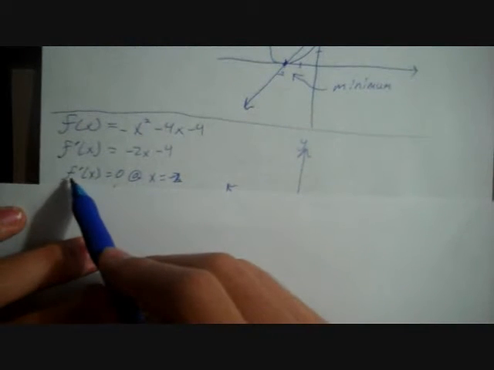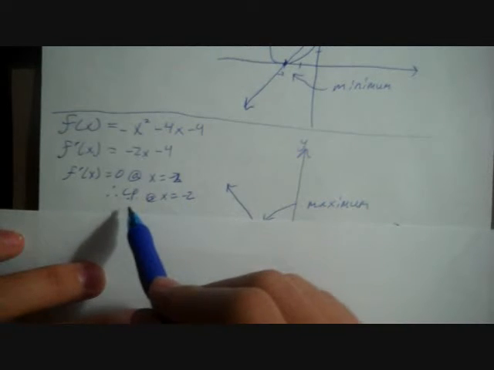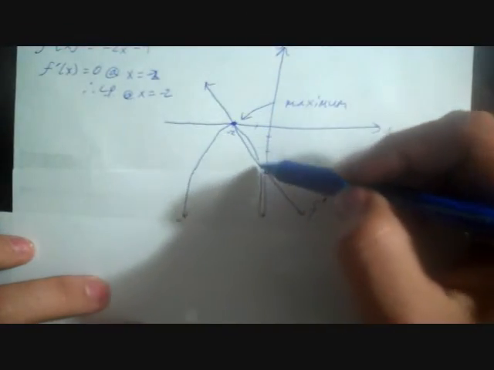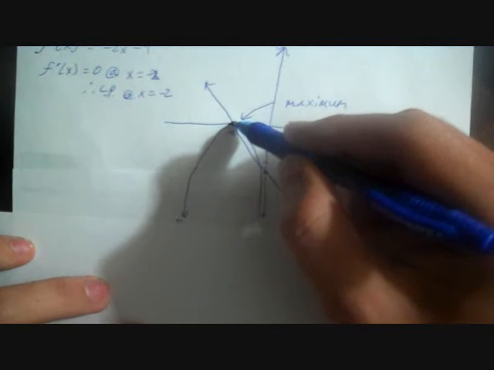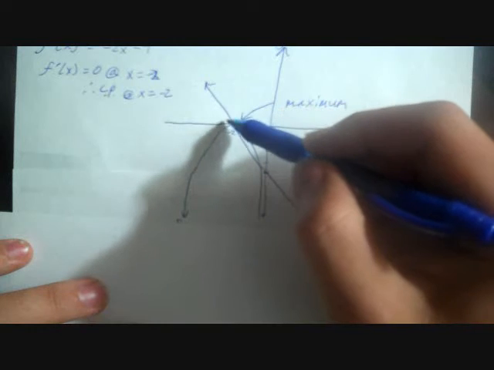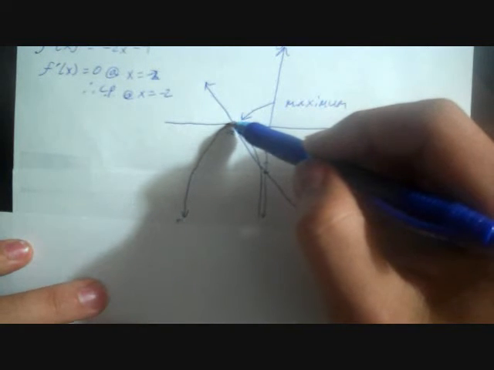And then our derivative is equal to 0 at x equals negative 2, which means we have a critical point at x equals negative 2. So we can draw a derivative, and it has a 0 at x equals negative 2, and here our derivative is positive. Even though our derivative is decreasing, it's still positive.